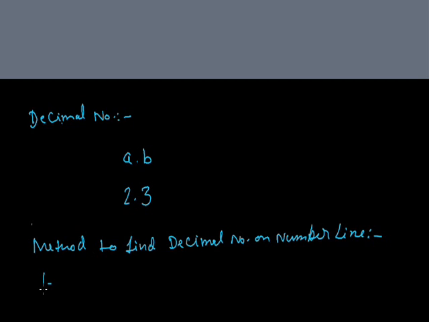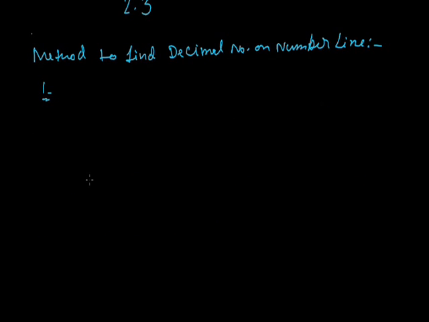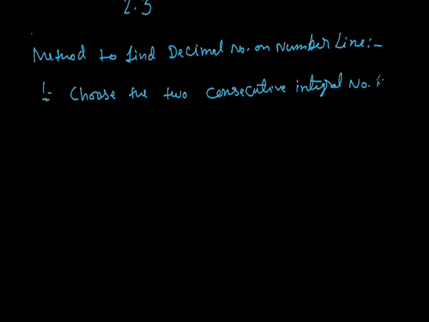Here the first step is to choose the two consecutive integral numbers in which the given number lies.